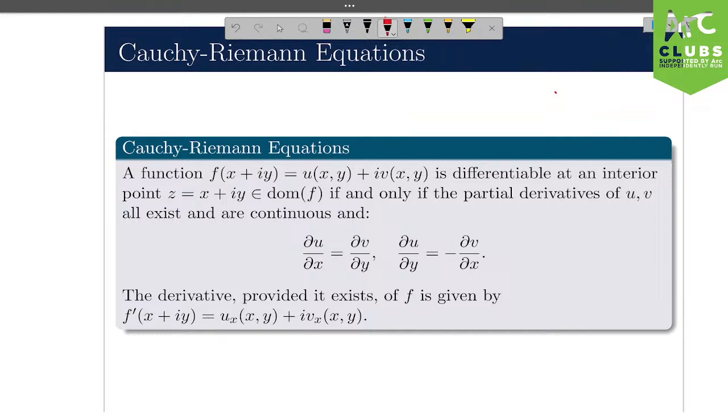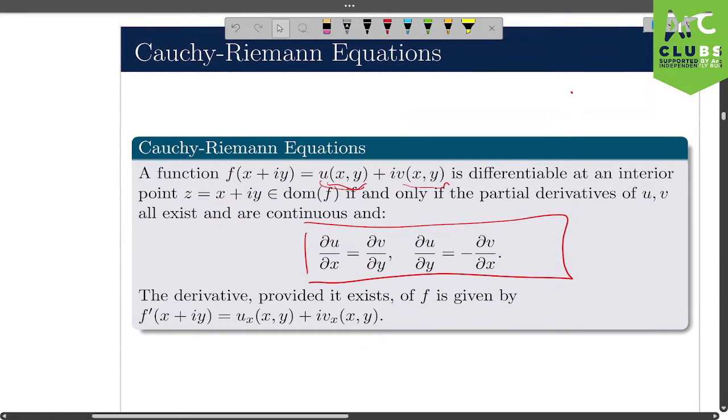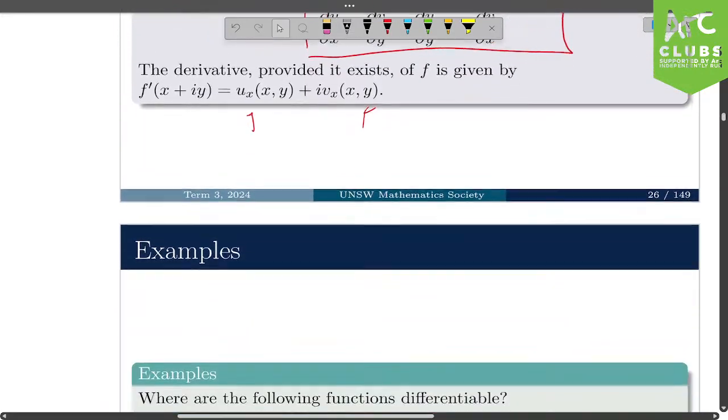If the partial derivatives of u and v with respect to x and y exist for both of them, it means that the derivative of the original function exists if and only if these two things hold. And we get the derivative just by differentiating with respect to x for both of these.